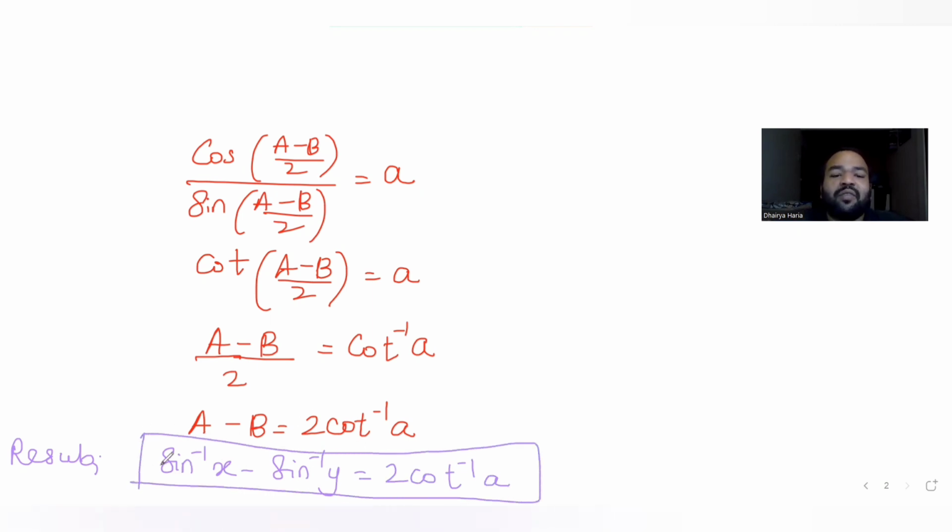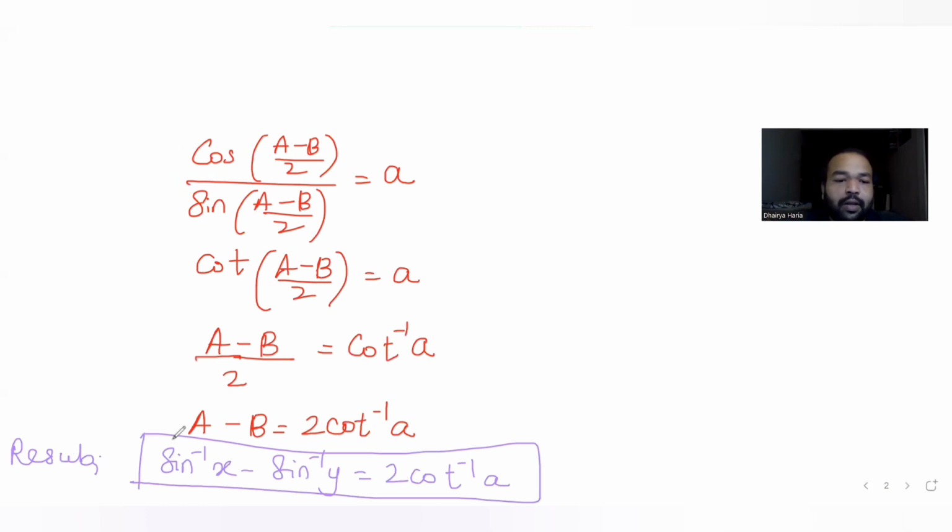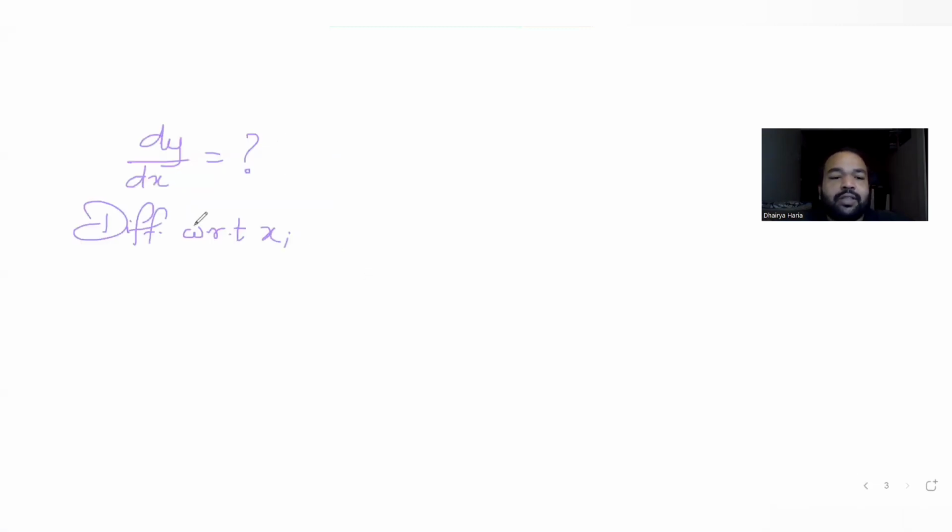Now I further differentiate this entire expression with respect to x, because I need to find dy by dx, right? We know the derivative of sine inverse x is 1 upon root of 1 minus x square.